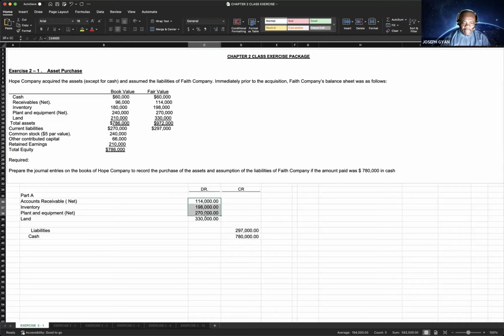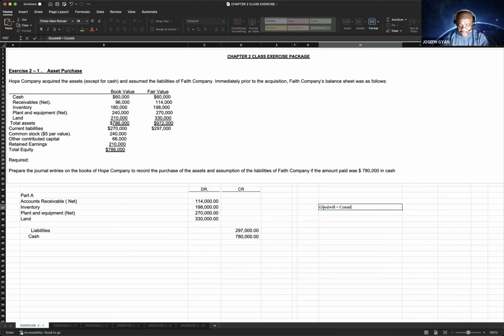You remember, the goodwill is equal to the consideration, if you guys remember, less the net identifiable asset. Very good, identifiable asset.